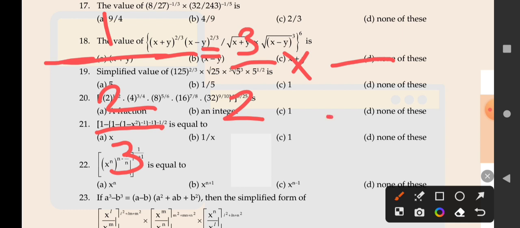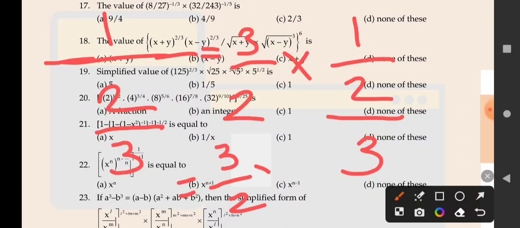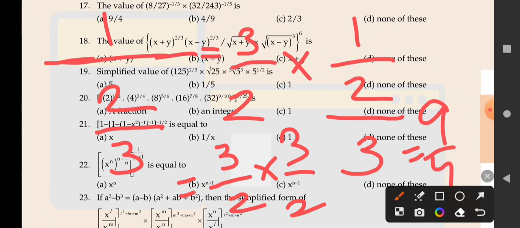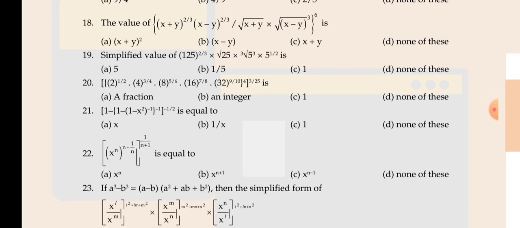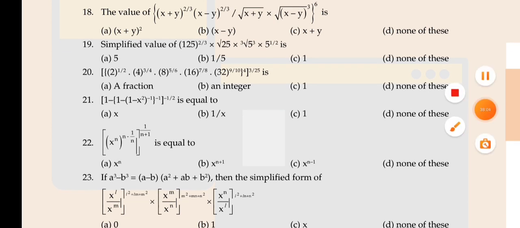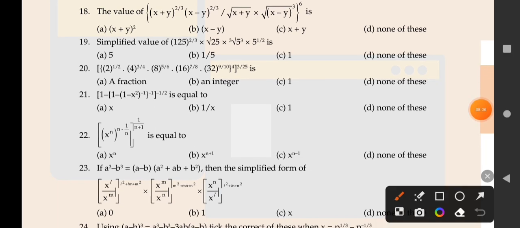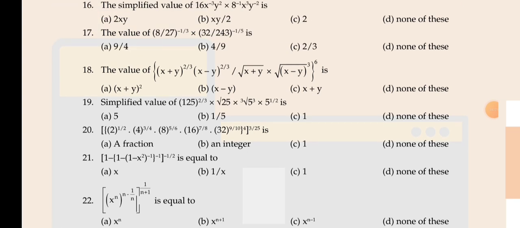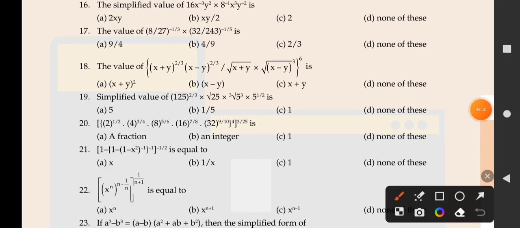It is again 2 by 3, but it is in minus, hence 1 divided by 2 by 3. So simplify it as 3 by 2 into 3 by 2, which is equal to 9 by 4. Option number A. Be careful with the minus sign. Okay, next, question number 18. Again, be careful.